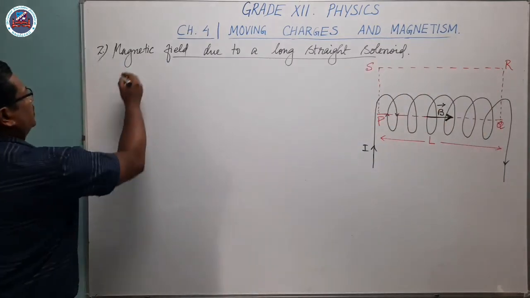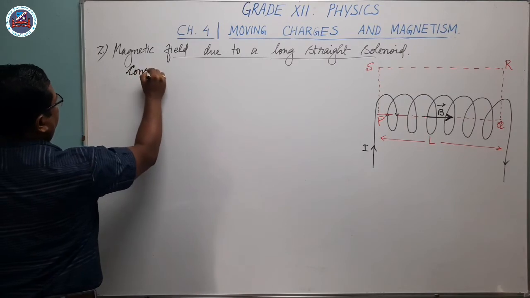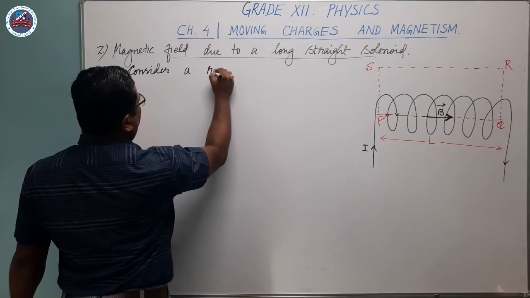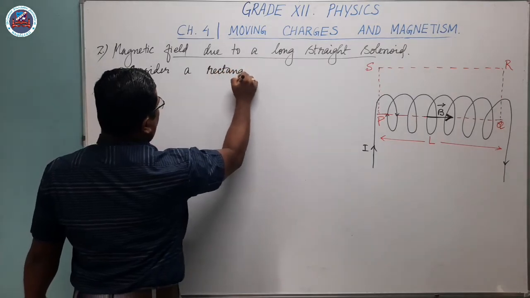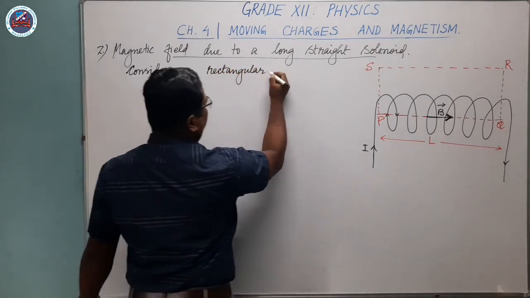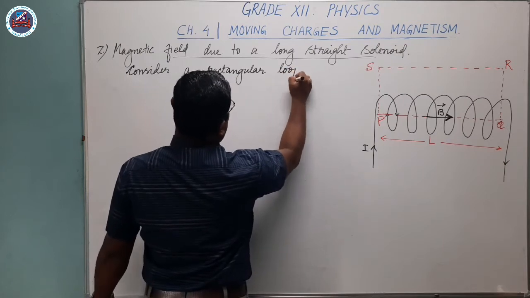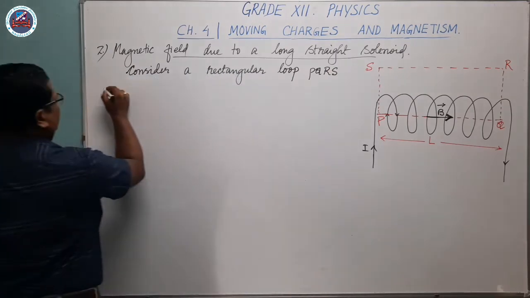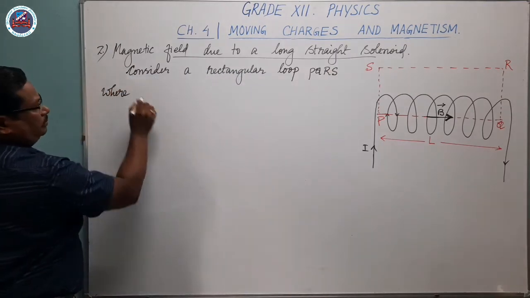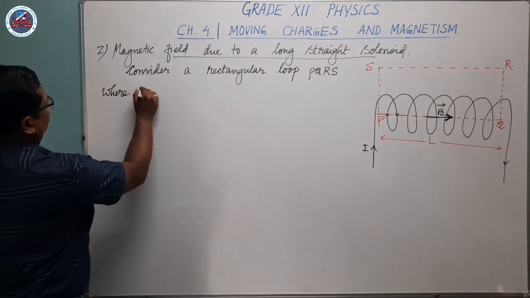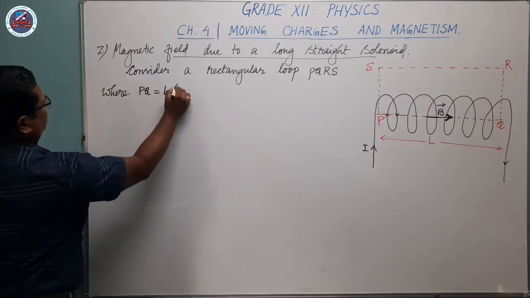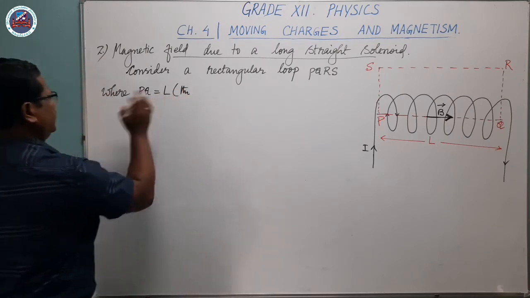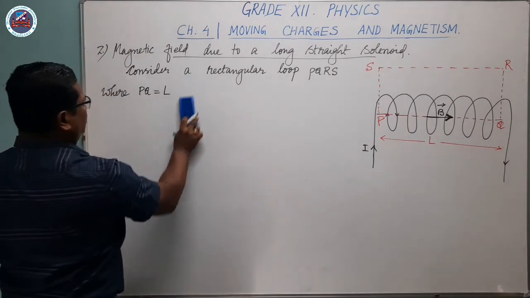We'll take like this. Consider a rectangular Amperian loop, or simply loop PQRS, where PQ is equal to L, the length of the solenoid.